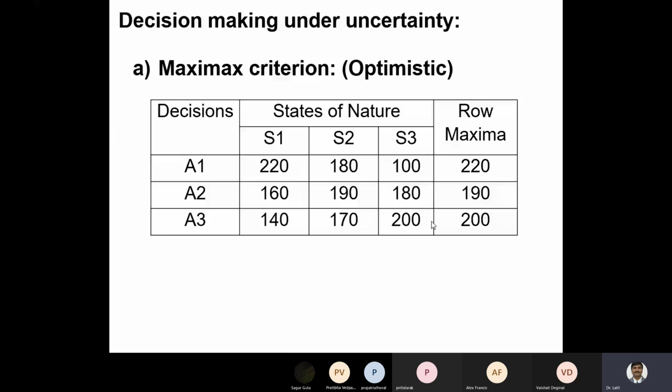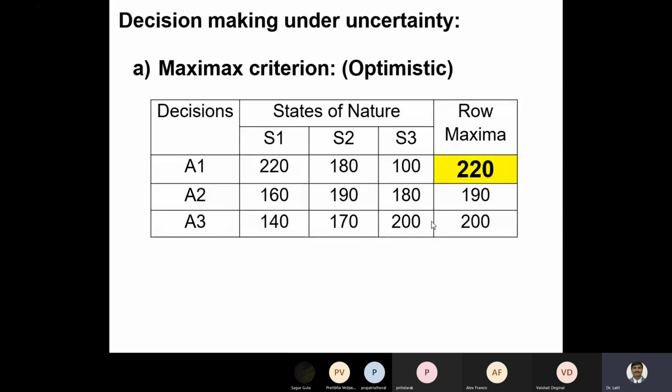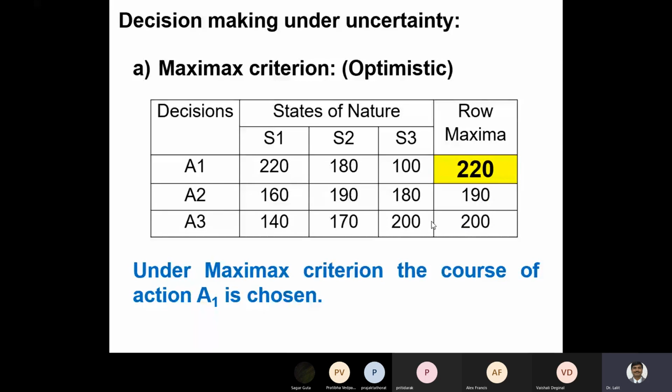The row maximas are 220, 190, and 200. Here 220 is the best payoff, so under this criteria the course of action A1 is selected.